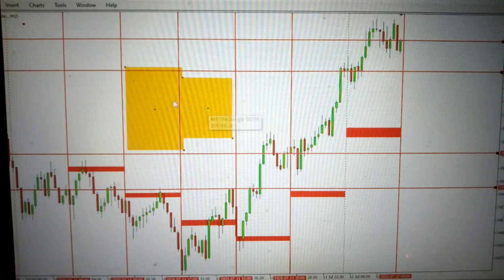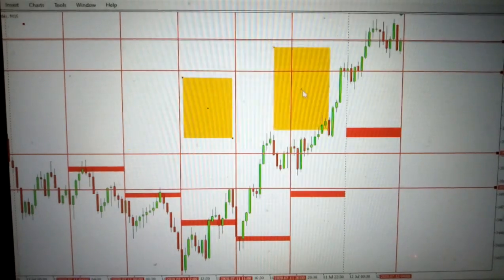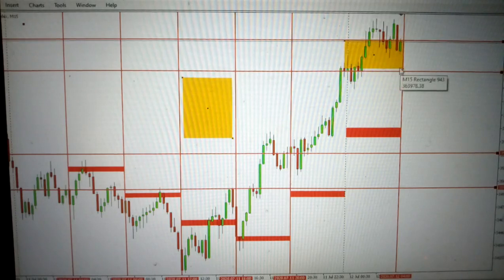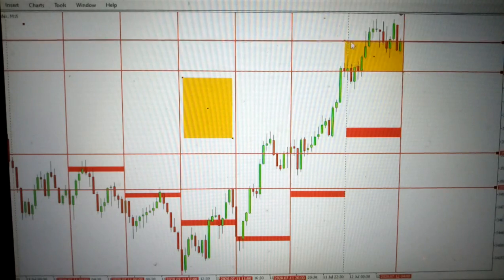Then, as usual, the rectangular shape, I'll use it to map out how price rose. We are still in an ascent. Price still rising. So the support here, support here, support here.